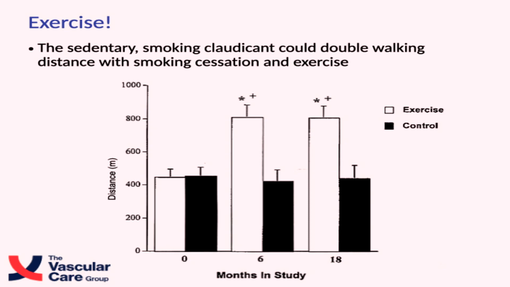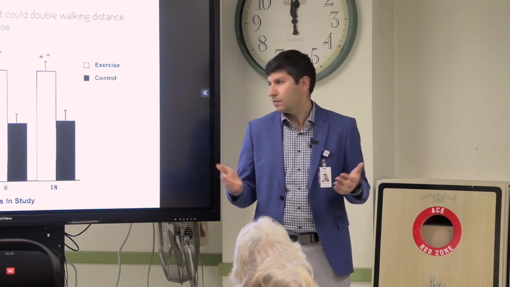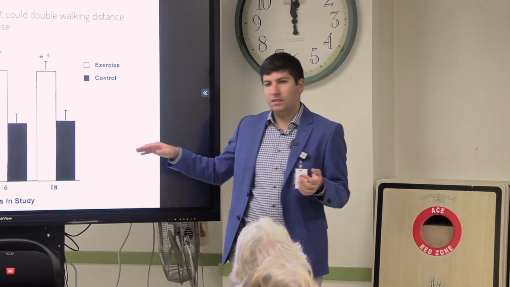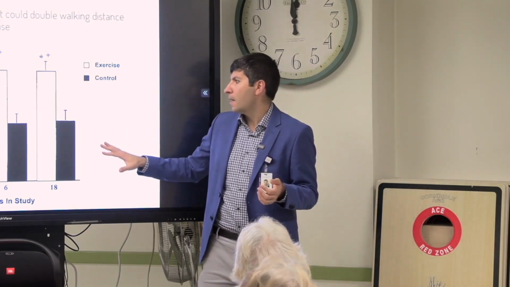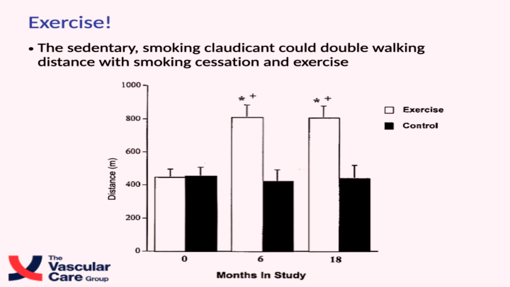They'll walk you 30 minutes a day on a treadmill. Understanding you could do this at home with supplies, but your walking distance improves. What this study showed was patients who started with claudication, if they exercised, so the white, versus the non-exercisers, were able to walk almost double the distance that they could accomplish before. So that's why I will tell you to walk.